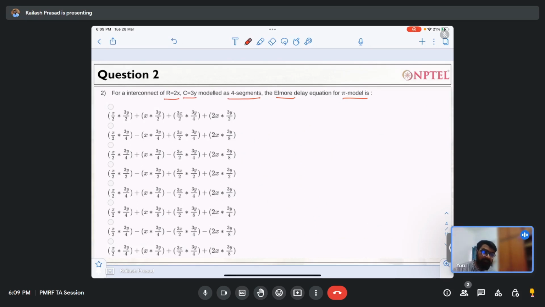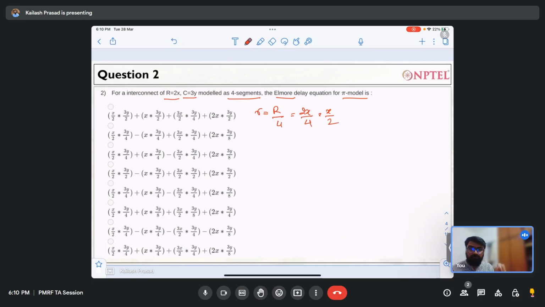In the previous case, individual resistance and capacitance was given, that R L by N and C L by N. In this case that is not given, so we will calculate the individual resistance and capacitance. This is my capital R, which is twice X. So this small r of the individual component will be R by 4, this will be twice X by 4, and this will be X by 2.